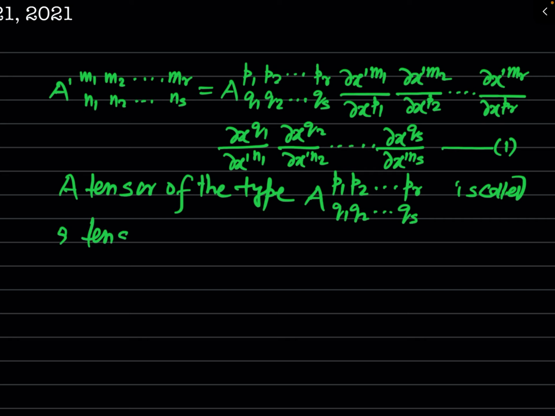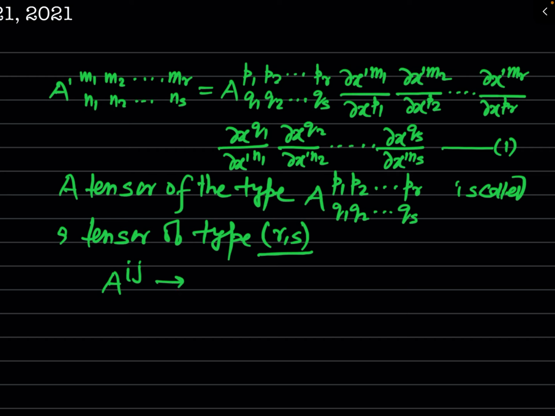It means first of all you should write the contravariant rank of the tensor, then after writing this comma you should write the covariant rank of the tensor. So this tensor is of the type r, s. For example, if you consider a tensor, let us say A^ij, can you say what will be the type of this tensor?